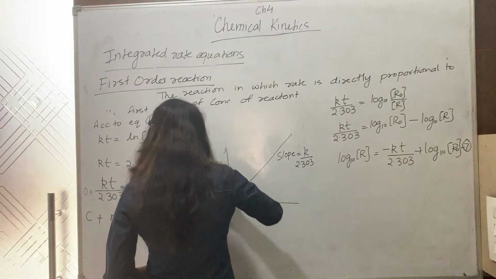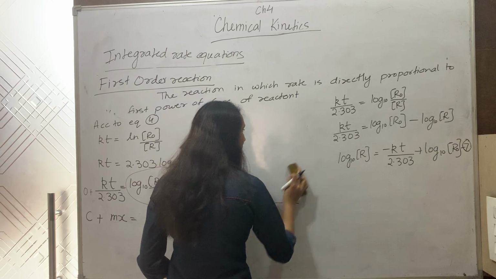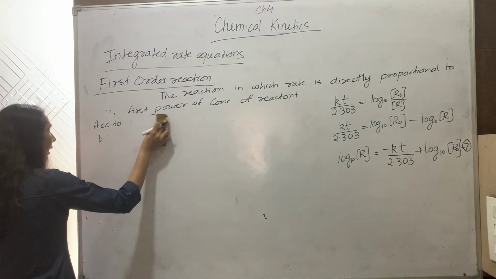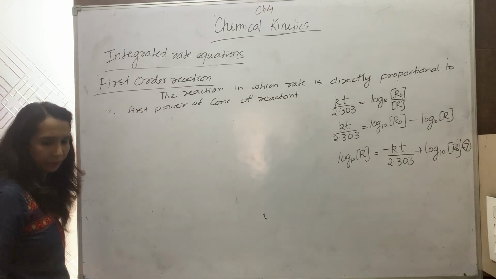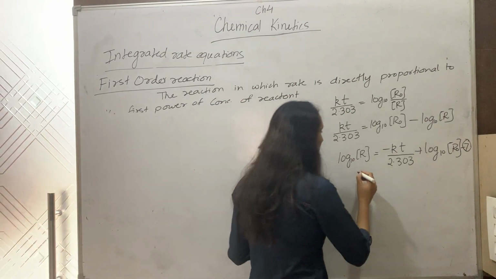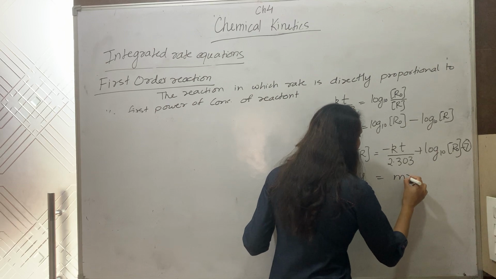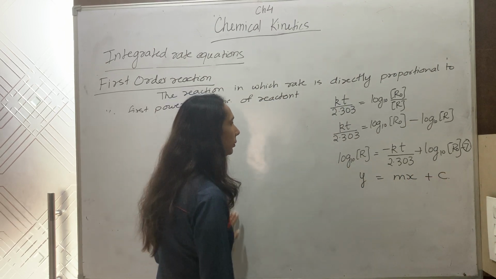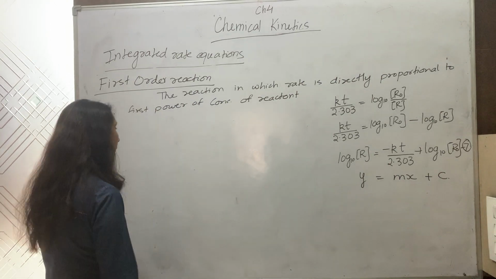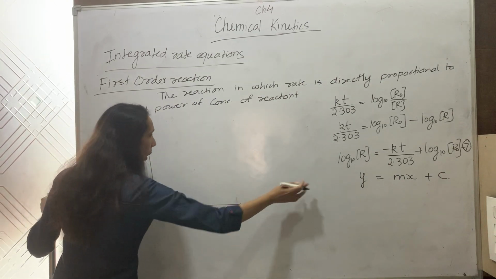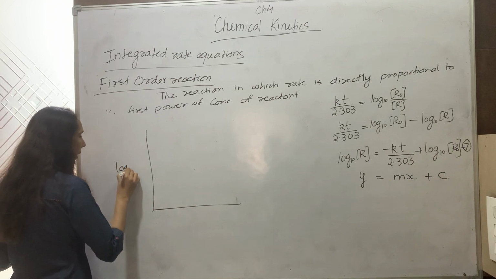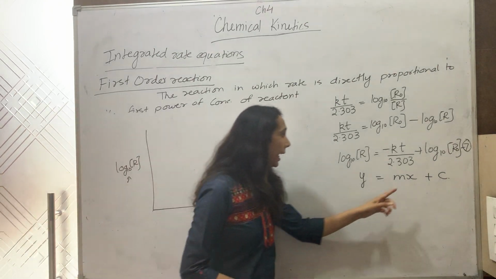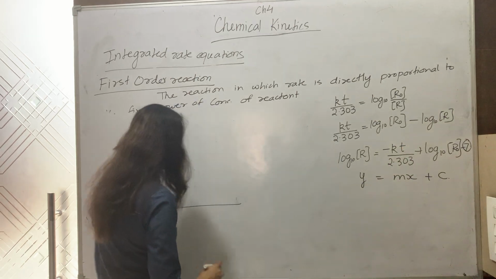Now I will be making a graph according to equation 7, which is again a straight line equation, y is equal to mx plus c. Now, what is y? On the y-axis, log to the base 10 R. On the x-axis, I will be plotting t.